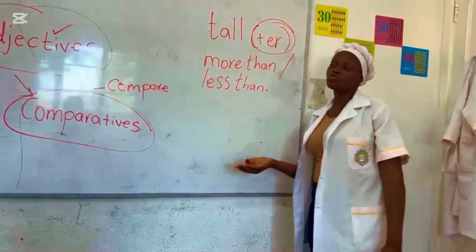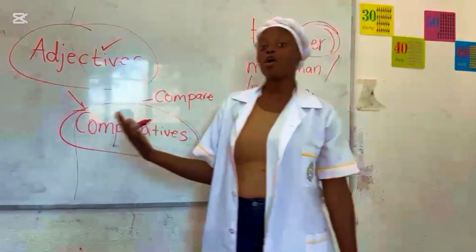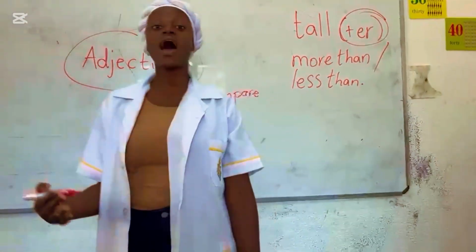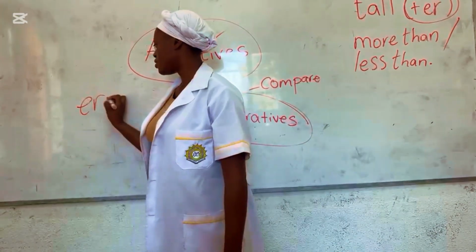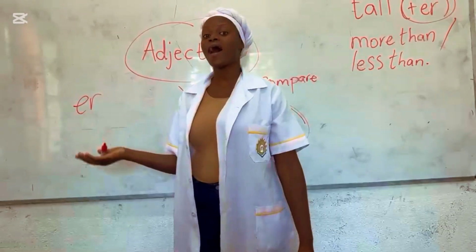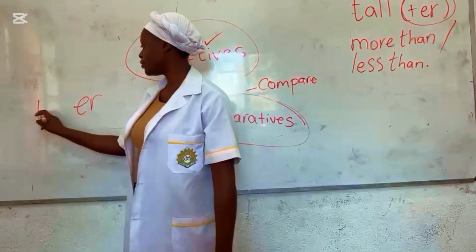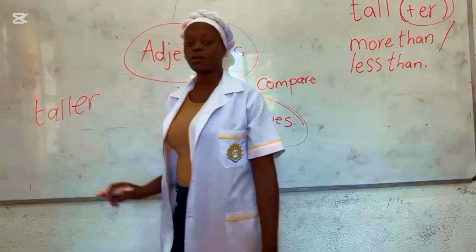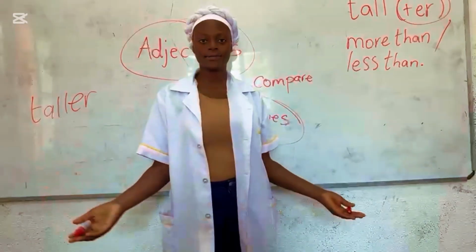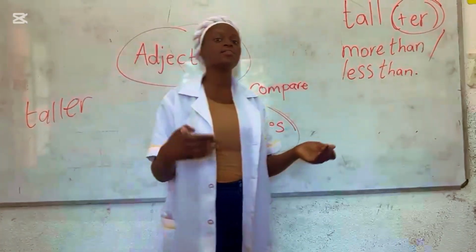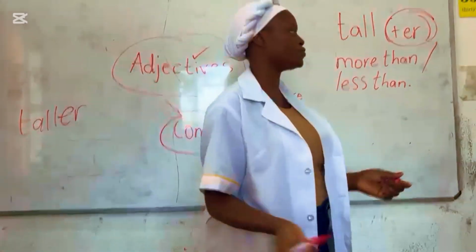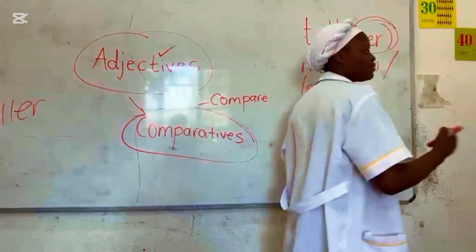Now, it depends on you how you want to say it. We have two different accents. You can say taller or you can say taller. It's still the same. Depends on which accent you feel comfortable using. Going back to the example I was using.